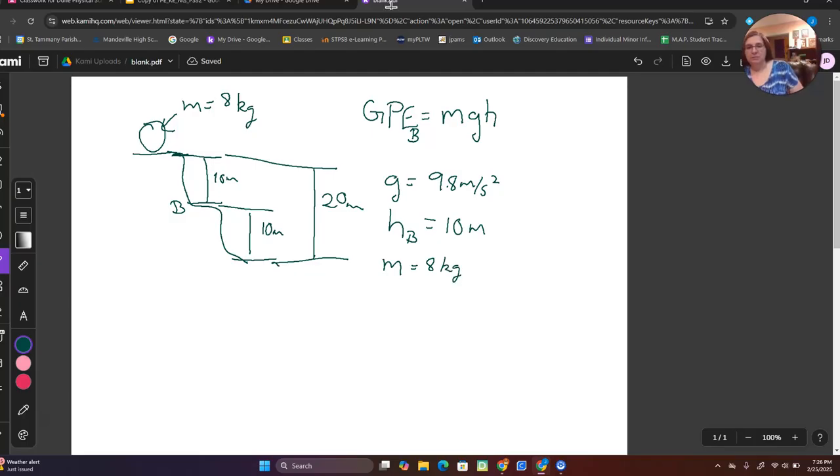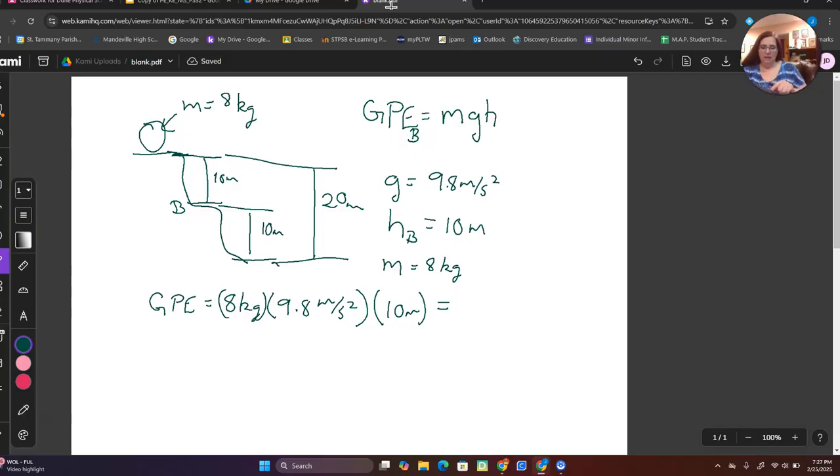Since I know these things, I can plug all of these into my equation. Gravitational potential energy is mgh, so that's going to be 8 kilograms times 9.8 meters per second squared times my height of 10 meters. I'll get my calculator, I'm just using the one on my phone. I take 8, multiply it by 10, and multiply it by 9.8, and that gives me 784.